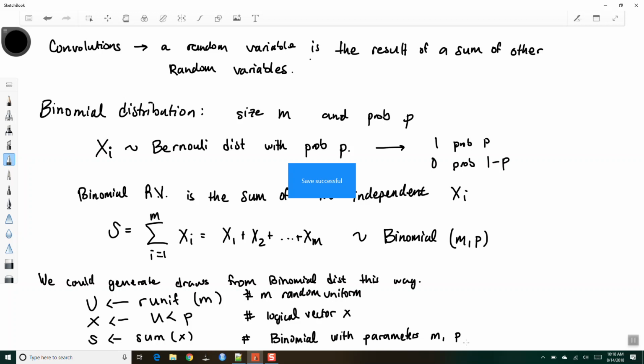Okay. All right. Just a few other ones. So, you could have like the chi-squared distribution.